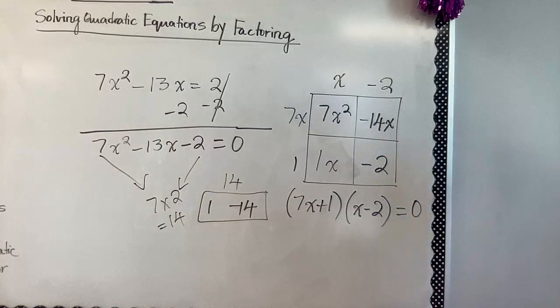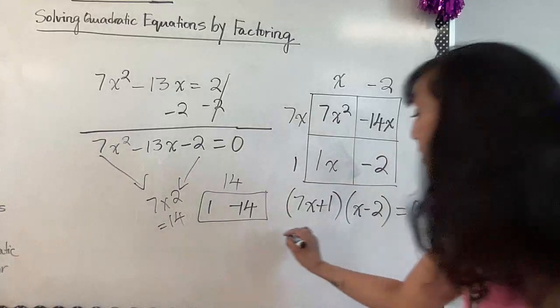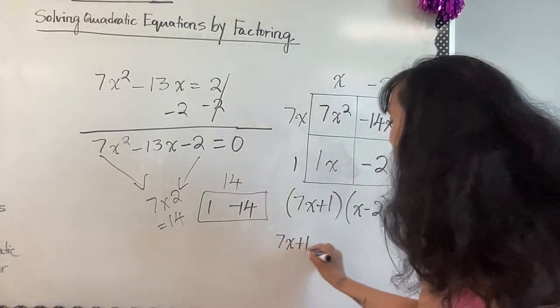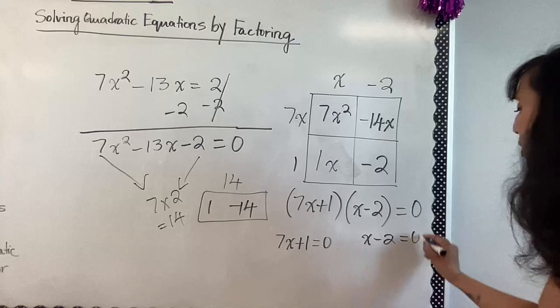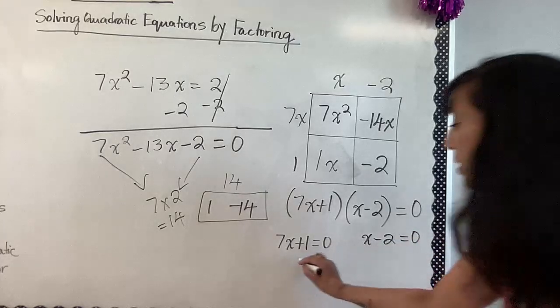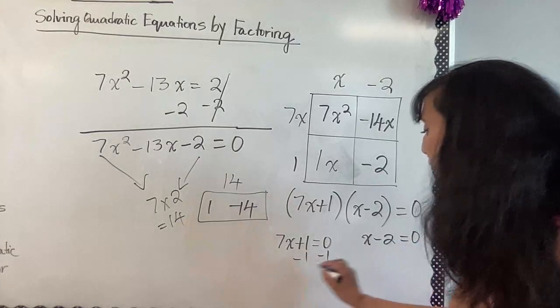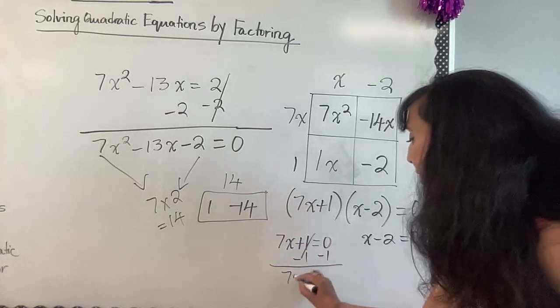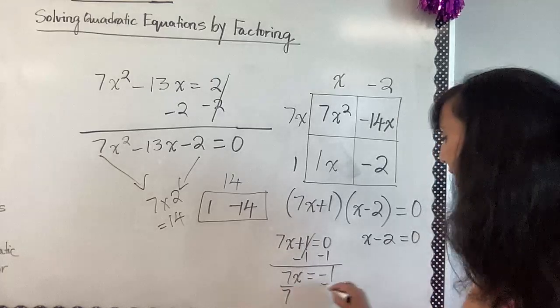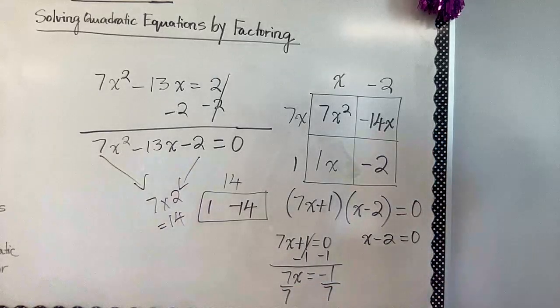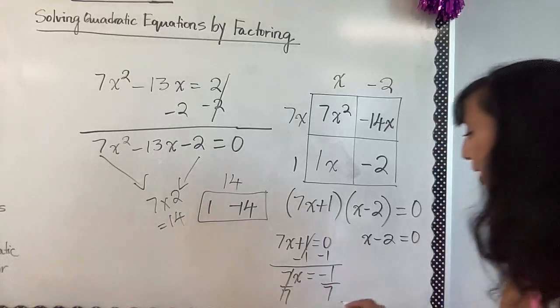And then I'm going to use my zero product property and I'm going to say 7x plus 1 is equal to 0, x minus 2 is equal to 0. So first I subtract 1 from both sides and I get 7x is equal to negative 1. Then I divide by 7 on both sides and I get my answer as negative 1/7.